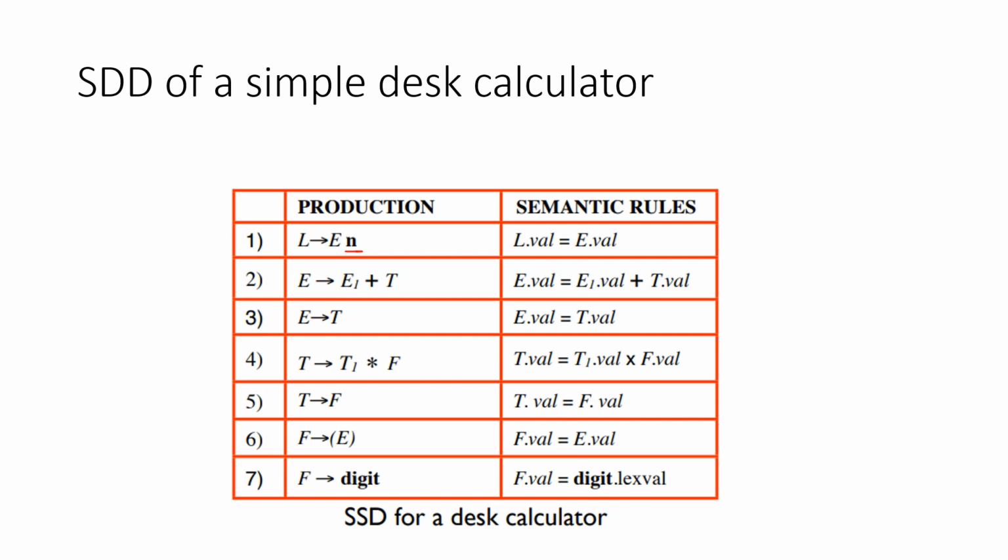This is a simple desk calculator. L tends to E, which means our statement has an expression, and after doing all the calculations we get the final result, followed by the end marker. We can say this is an end marker.